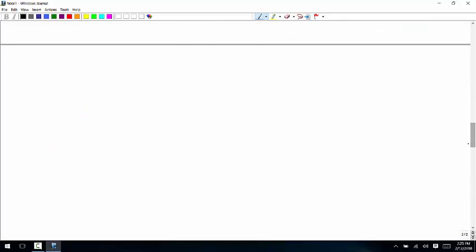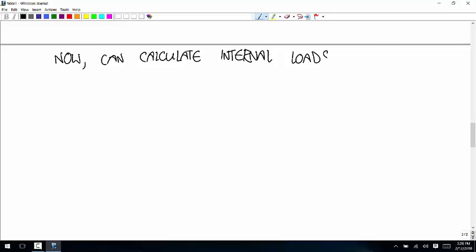Okay, so now that we know how to calculate the internal loads, we're going to use those to calculate the stresses in beams.